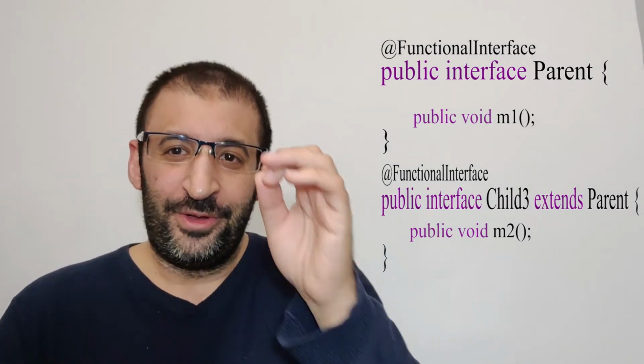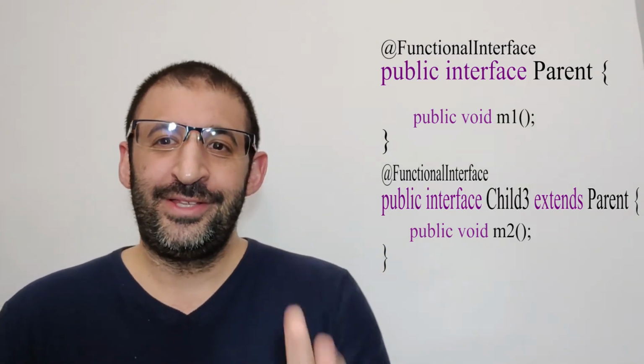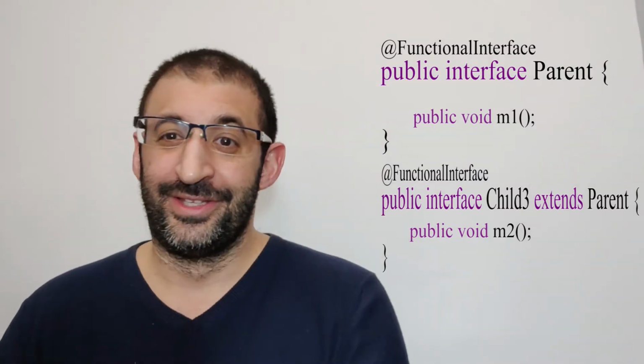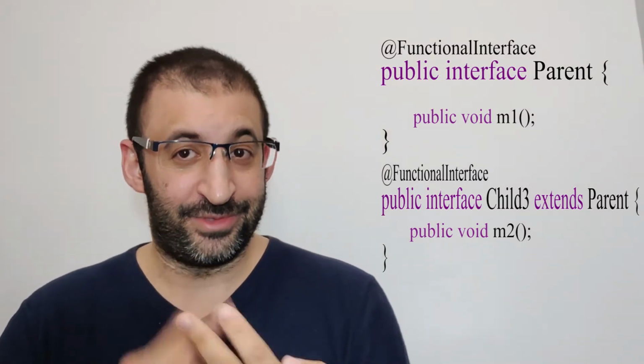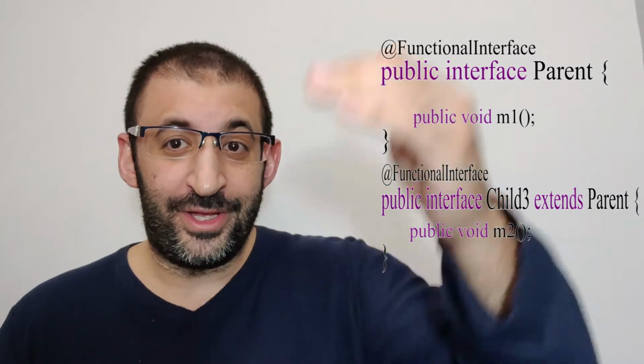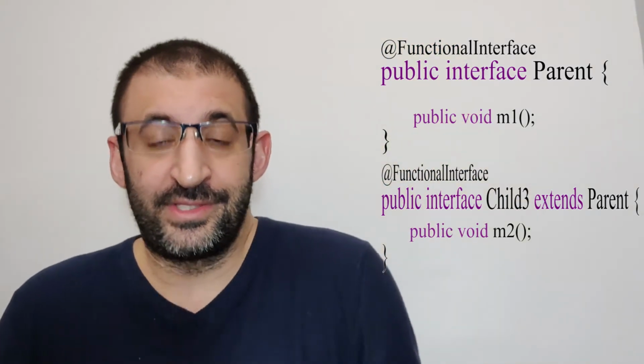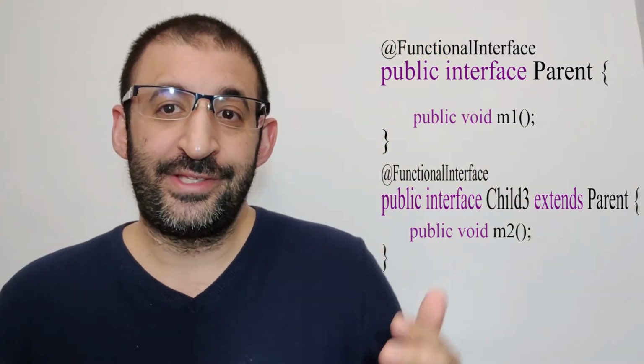Why? Because the child contains two abstract methods. Okay? It contains M2, its own method, and also it extends from the parent, principle of inheritance. So it also contains the M1 abstract method. So we have multiple abstract methods and it doesn't respect the rules of a functional interface.